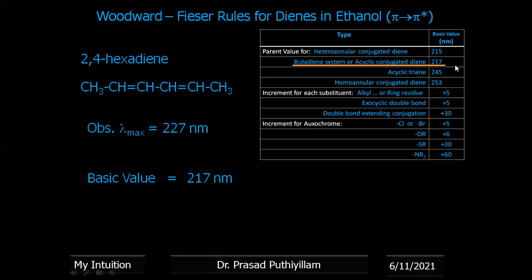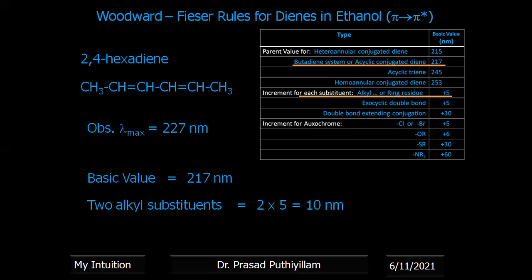Then we have 2 alkyl substituents, and we need to add 5 each. That is 2 into 5, 10 nanometer. Therefore, the calculated value is 217 plus 10, that is 227. So the theoretically calculated value and the observed value are exactly matching.